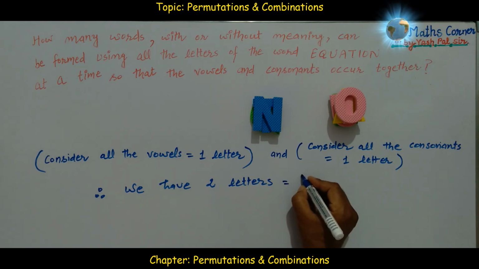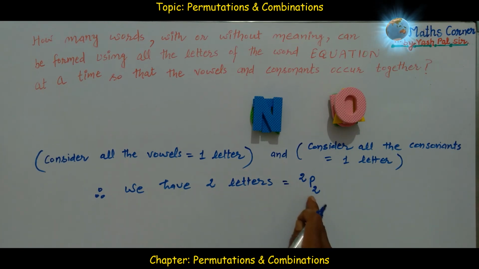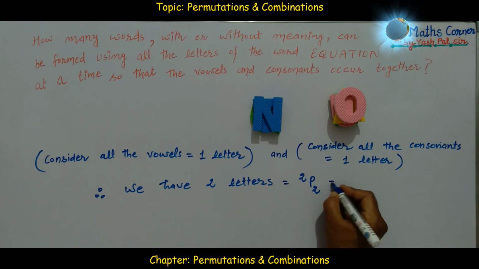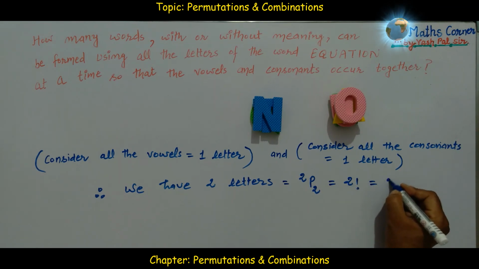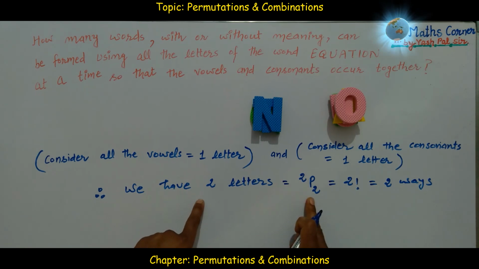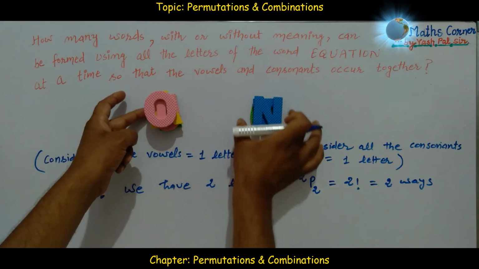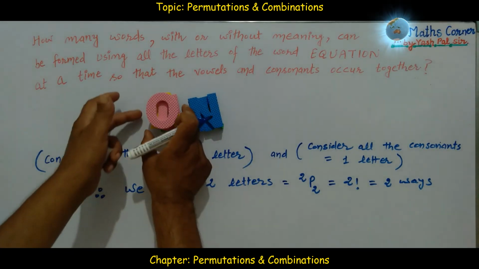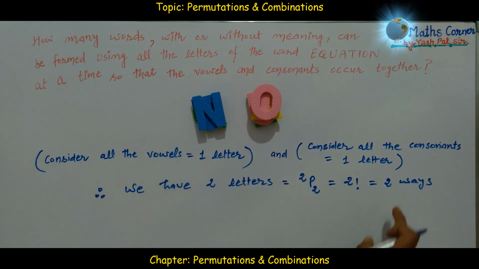So two letters, they are arranged in 2P2 ways. Arrangement means we are using the formula of permutation 2P2, or simply we can say 2 factorial, which means 2 into 1, that is two ways. If two letters are there in total, then there are two ways: either we can keep vowels first, so this is one way, or keeping consonants first, vowels next, second way. So total two ways are there.